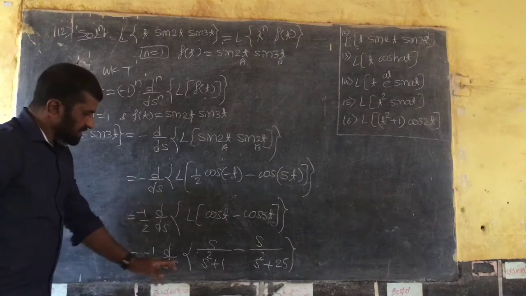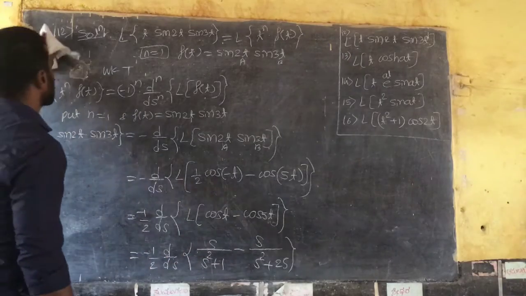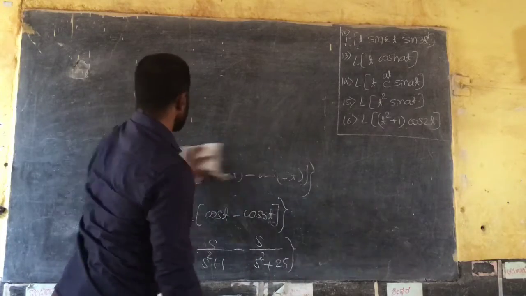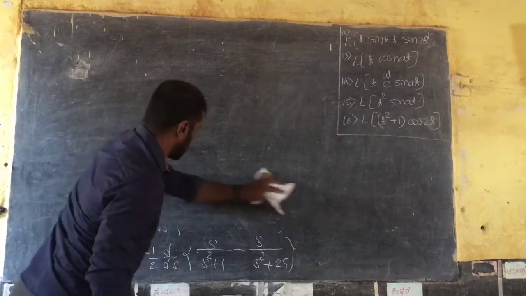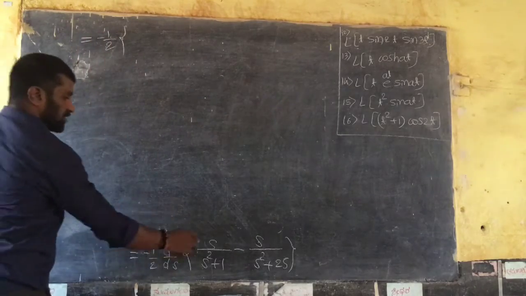Now differentiate individually, and we get the result. Differentiate each: minus 1 by 2 with respect to s, use the u by v form.